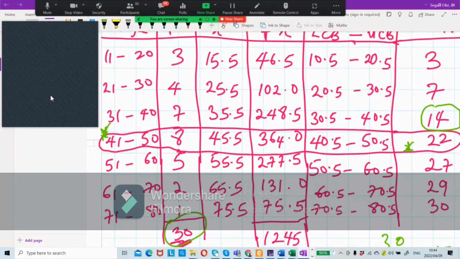Sorry, sir, I didn't get how you got the width, which is 10. From here to here, how many numbers are in between? In the class mark, 25.5 minus this, what do you have? We'll have 10.